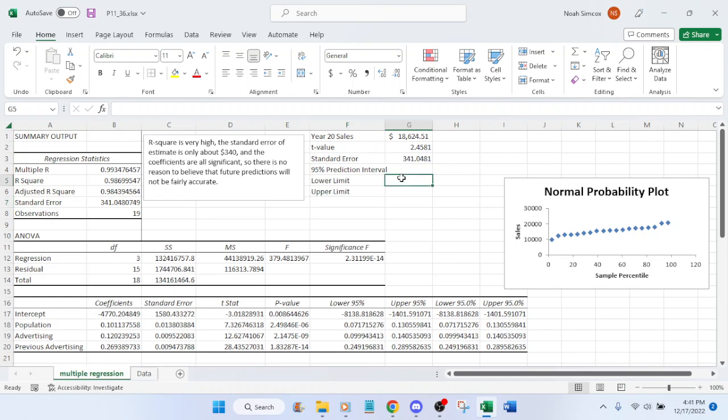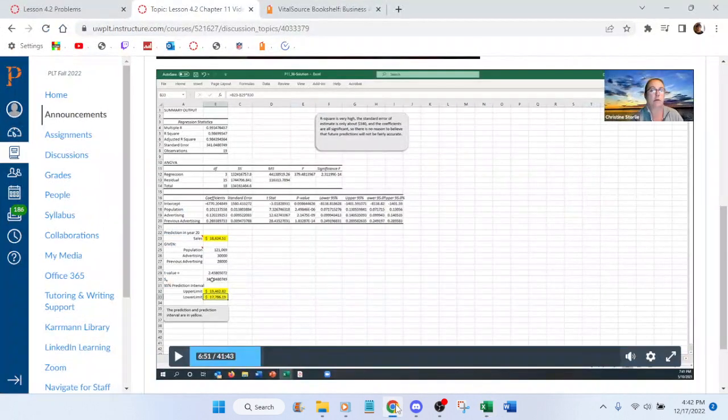Equals this plus this times this. I'm an idiot, I did the upper limit first. Equals this minus this times this. And we got 17,786 and 19,462.